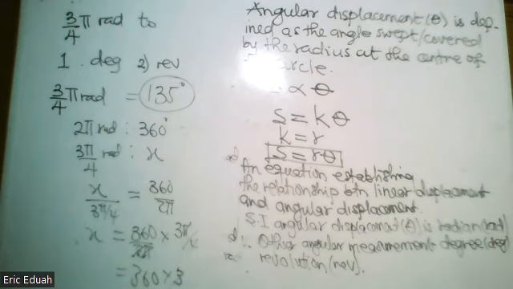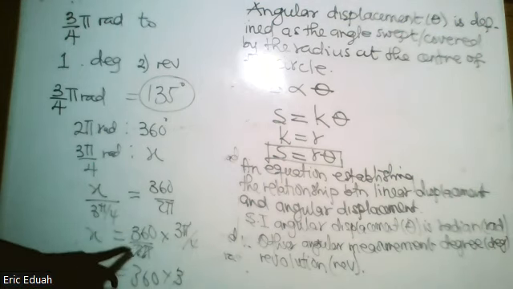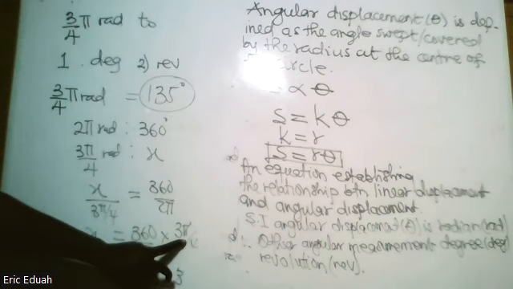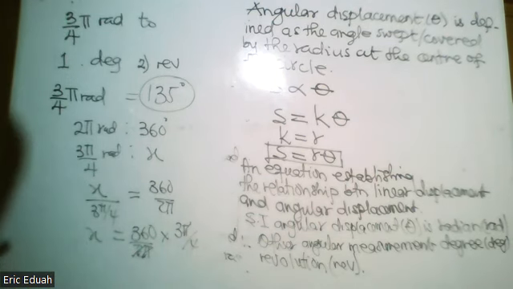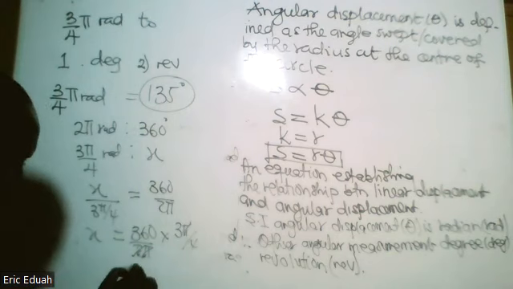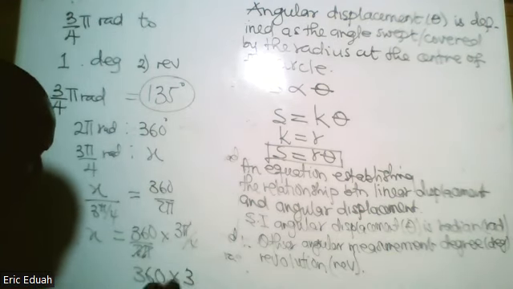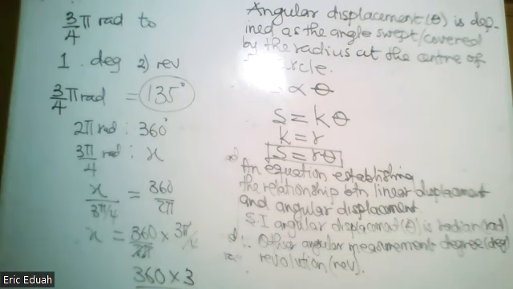So when you make x the subject, you have 360 on 2 pi times 3 pi on 4. Okay, the pi will cancel. Let me check again. So the pi will cancel. We have 360 by 3 on 8. Multiply and divide, let's see.